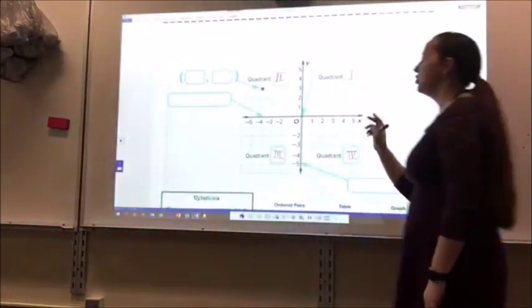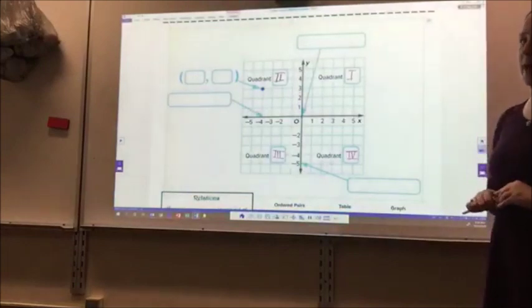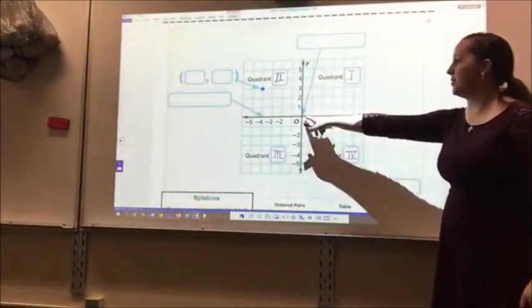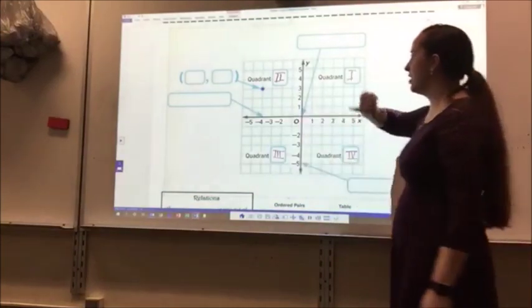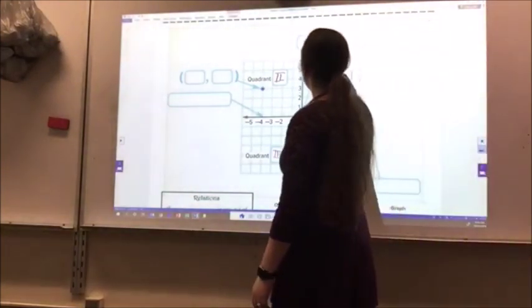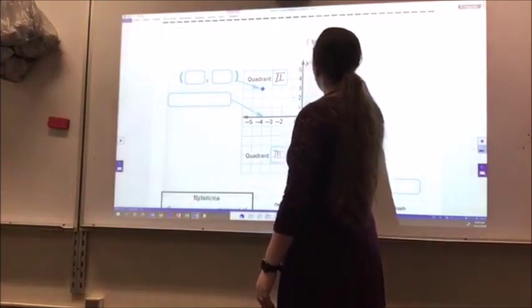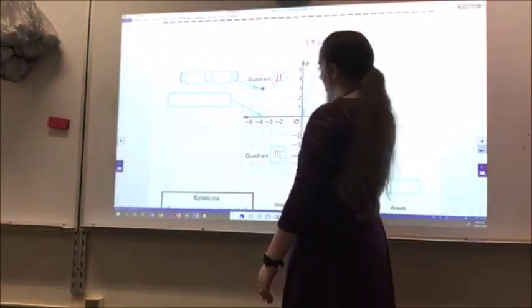Okay. Generally, when you see quadrants, they're written as numerals. This box up here that's pointing towards the center of my 2 points is the origin. That's point 0, 0.